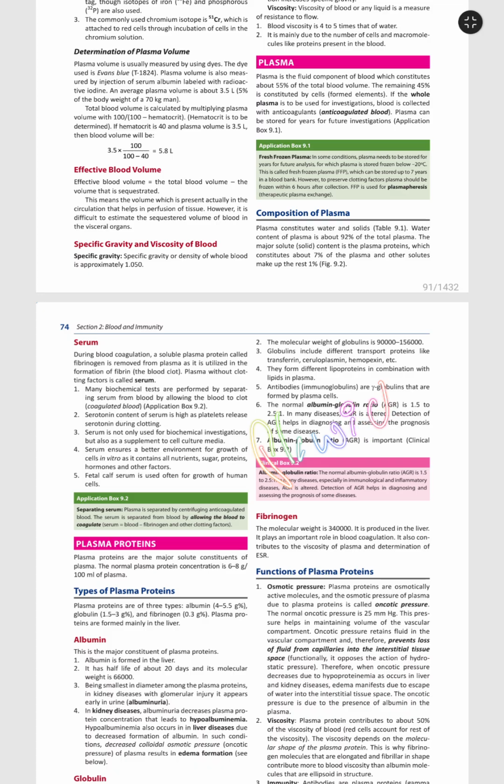Plasma without clotting factors is called serum. The fibrinogen is converted to fibrin. Serotonin content is high because platelets release serotonin during clotting.